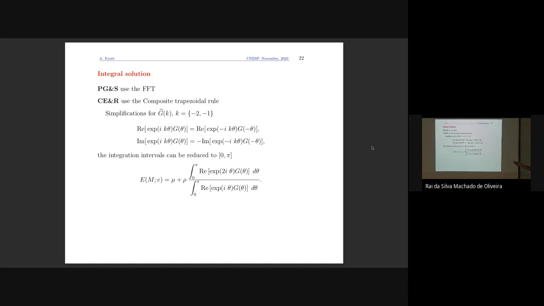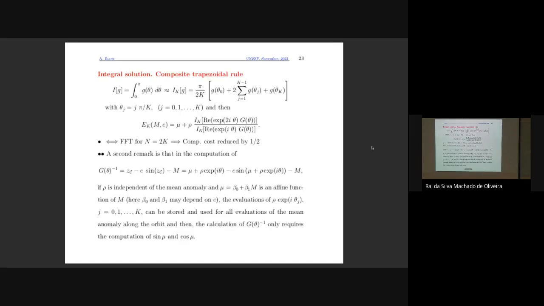But because of -2 and -1, there is a relation that reduces our interval of integration. Instead of -pi to pi, we reduce to 0 to pi, so we need half the numbers than the other, so we need to do half the computations. What else?